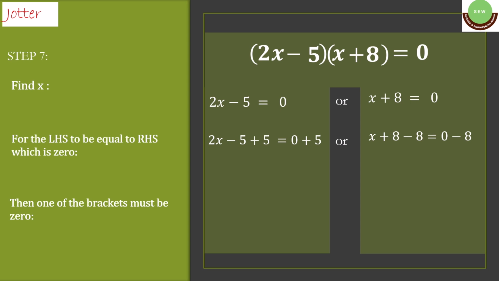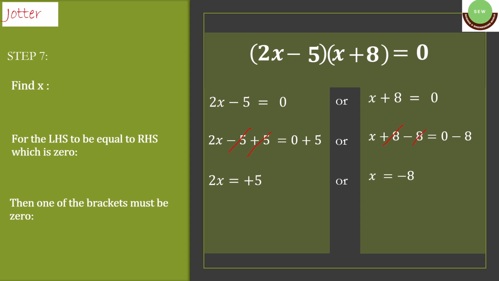So minus 5 plus 5 will give us 2x equals 5. And on the second side, plus 8 minus 8 will give us minus 8 on the right hand side.